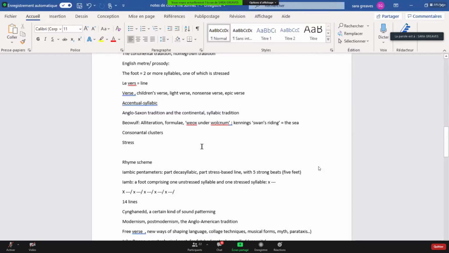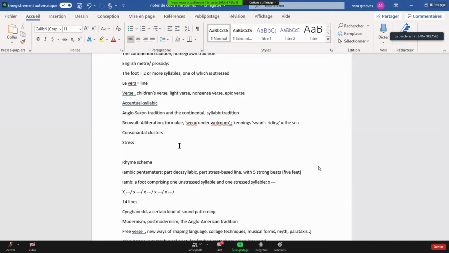Okay, you've been studying Beowulf, I believe, with Madame Edon, and so you will have seen examples of what it looks like, what it sounds like, what it feels like, and it's writing which is very heavily stressed.